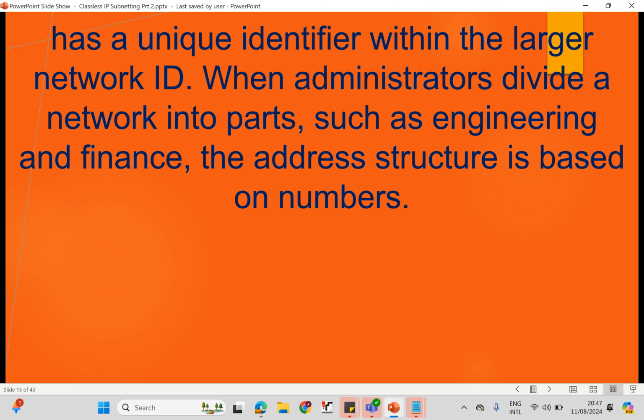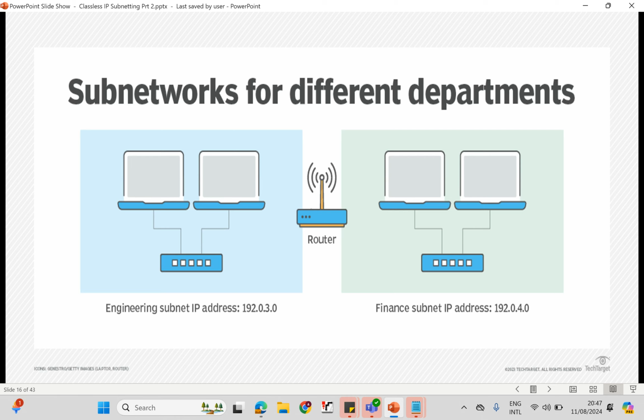The address structure is based on numbers. So I look at this slide: subnetworks for different departments. In this one now, we are seeing a router. We could see the engineering subnet IP there is 192.0.3.0, but you could see the finance subnet address is 192.0.4.0.